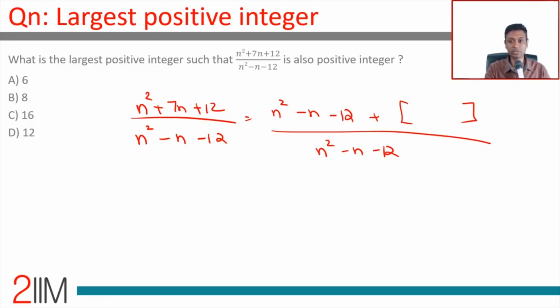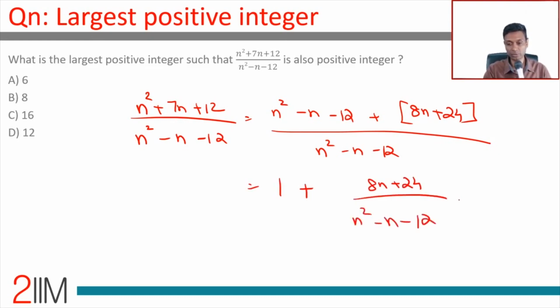Brilliant. Now this works. What is the adjustment term? 8n, because minus n plus 8n is 7n plus 24. So this becomes 1 plus (8n plus 24) by (n square minus n minus 12).